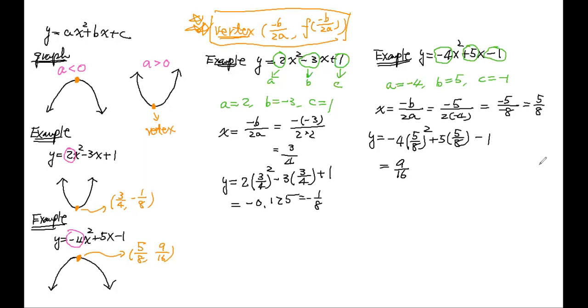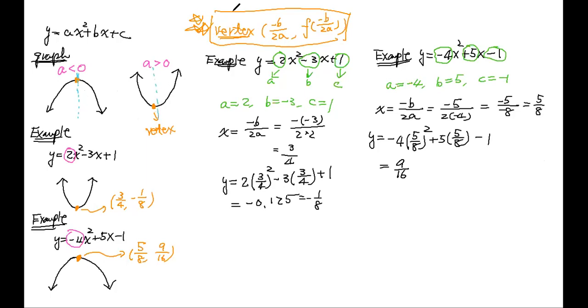The axis of symmetry is really pretty easy, because after you find the vertex, the axis of symmetry means where this graph is symmetric. So it's the line passing right through the vertex.